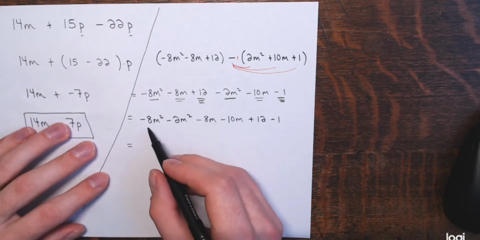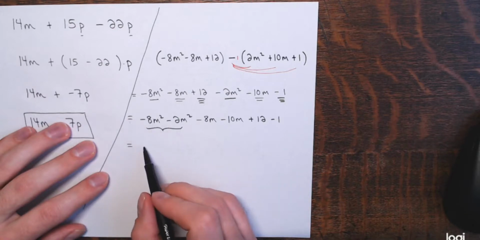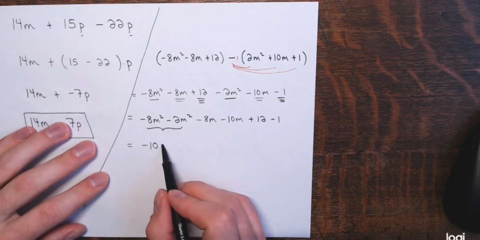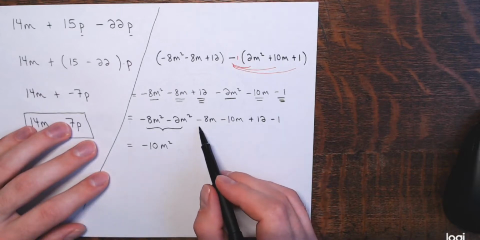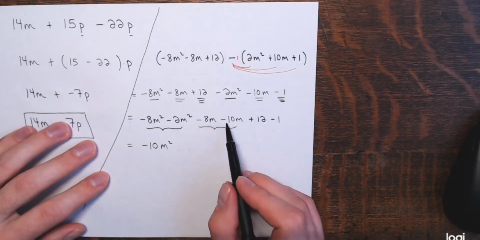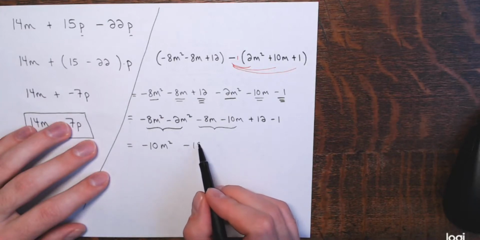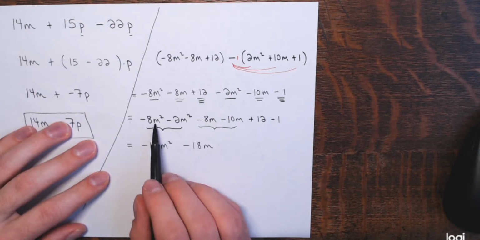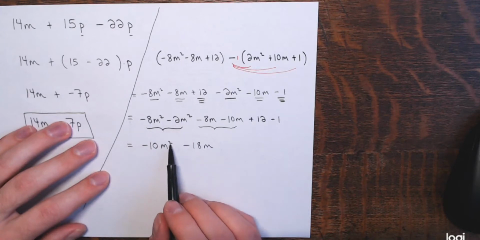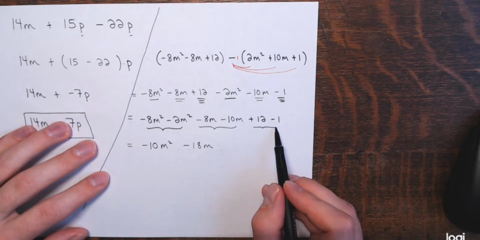All right, then combining like terms, -8 minus 2 is -10, so we have -10 m squareds. And then the next two, -8 minus 10 is -18 m to the firsts. Again, when you combine like terms, when you add and subtract, the variable and power don't change. And then positive 12 minus 1 is positive 11.